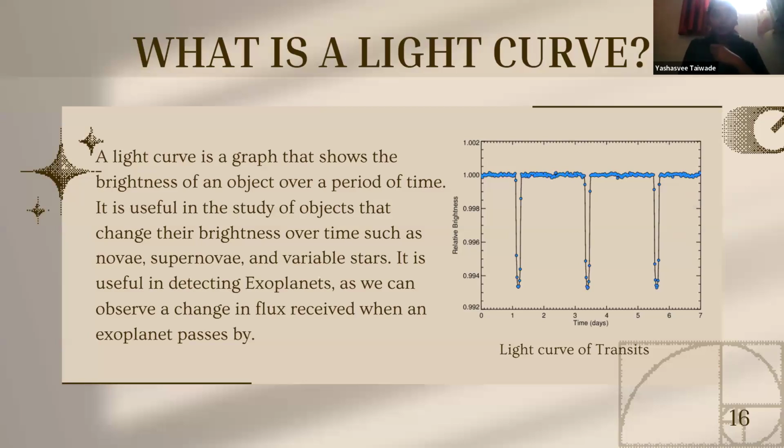It is useful in the study of objects that change their brightness over time, such as novae, supernovae, and variable stars. We use it for exoplanet detection because we can observe a change in the flux which we receive from the star as an exoplanet passes by. So that is how it helps us in the process of transit.